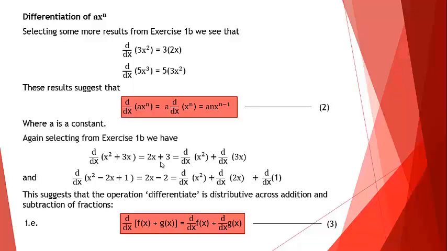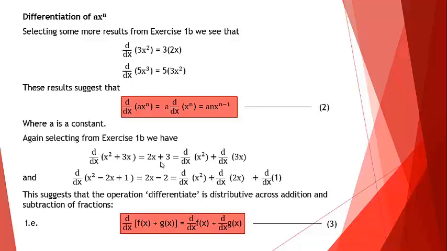So this suggests that the operation of differentiation is distributive across addition and subtraction of functions. That is, differentiation of f of x plus g of x with respect to x gives us differentiation of f of x plus differentiation of g of x with respect to x.